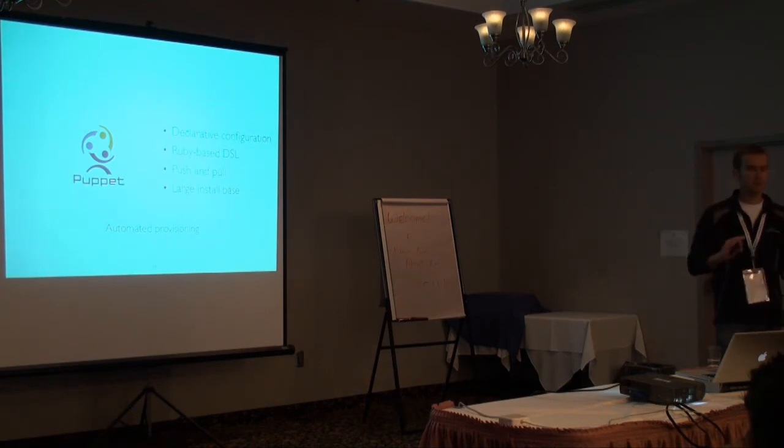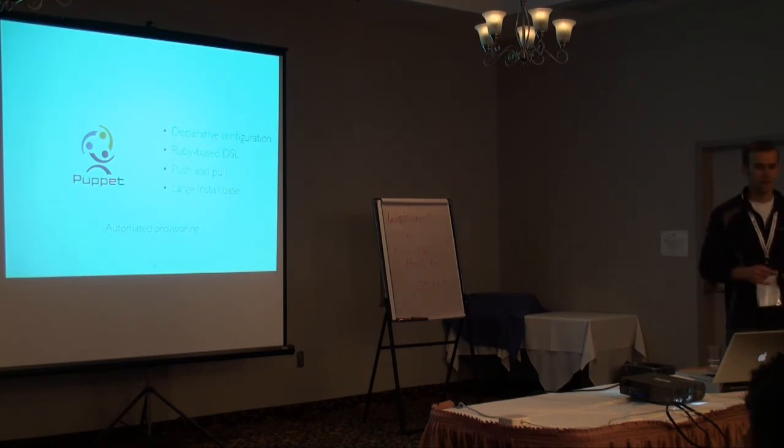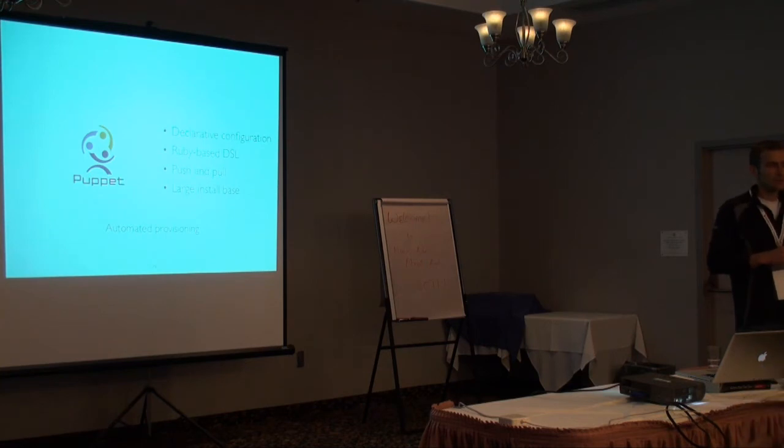So just to talk quickly about Puppet versus Chef, there's a few differences which are useful to recognize. One, Puppet takes a declarative approach to configuration. So everything is specified in terms of what should be running in that environment. And to do that, it uses a DSL for describing configuration.